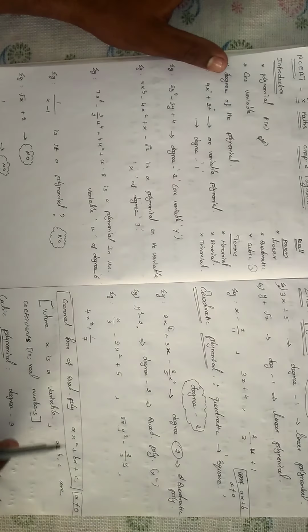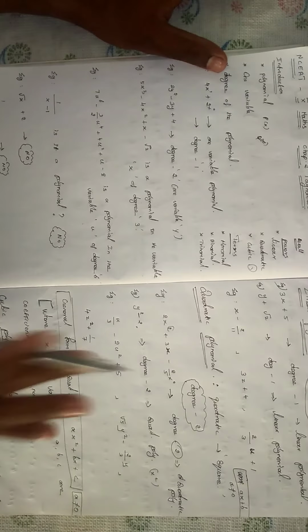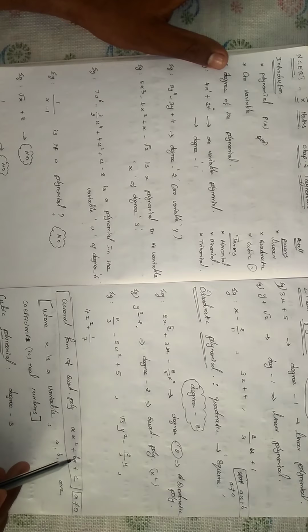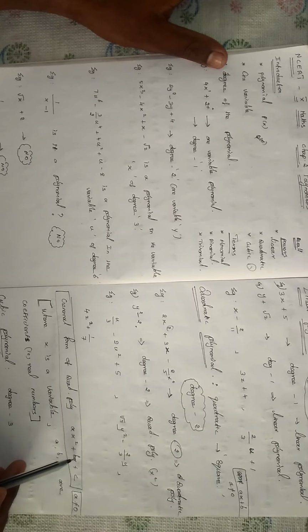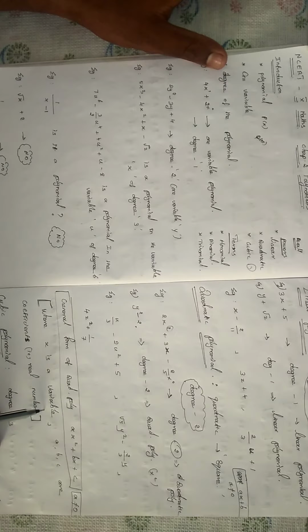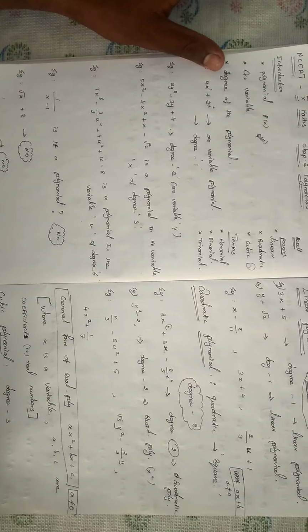But there is only one condition: a should not be 0, because when a becomes 0, the whole term becomes 0. When the whole term becomes 0, it is considered linear, not quadratic. So a is not equal to 0, where x is a variable and a, b, c are some real number coefficients. Are you all clear? Any doubt in this quadratic polynomial?